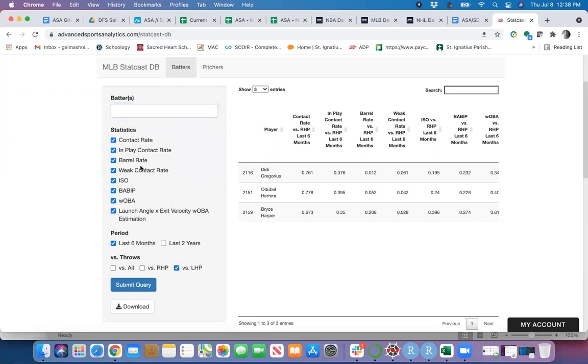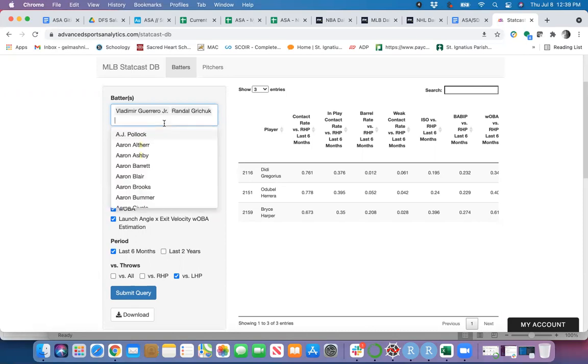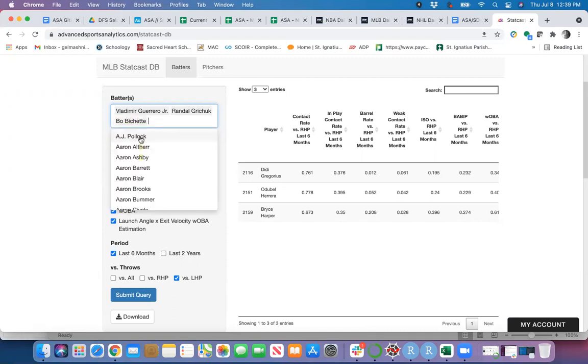Versus left-handed pitchers. And I think by now I have most of that lineup memorized. We got Grichuk, and then we got Bichette, and then we got Biggio. All their fathers are famous baseball players. Not Grichuk, but Guerrero, Bichette, Biggio. We have Springer.